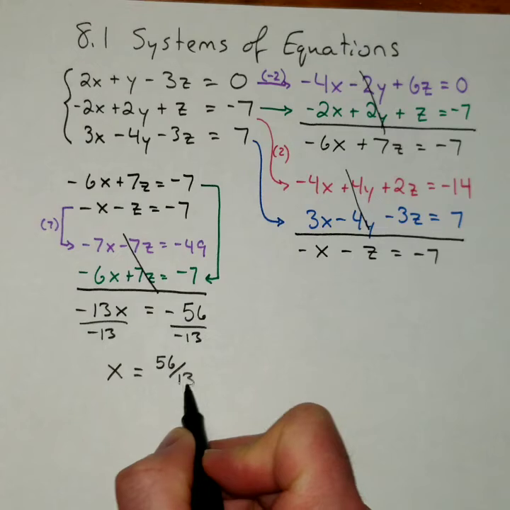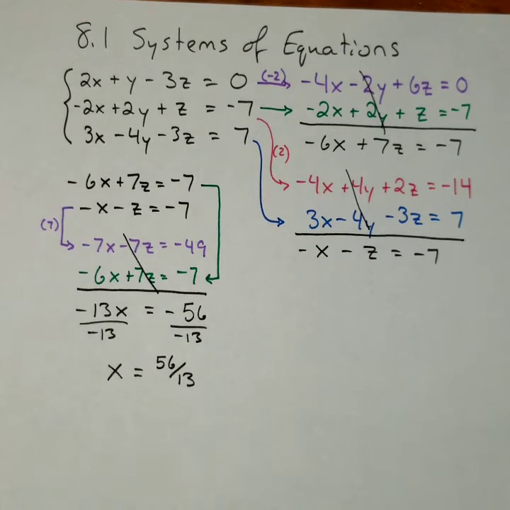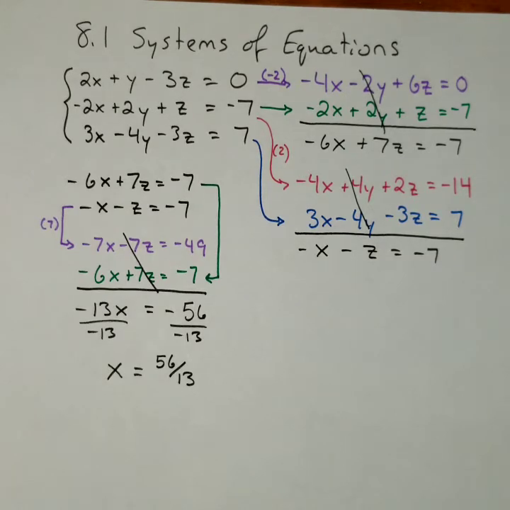Now, that does seem like an odd number. I was expecting a whole number there. Did I make any mistakes? Negative, positive. Just double checking, making sure all my signs worked out. Negative, positive, positive, negative.